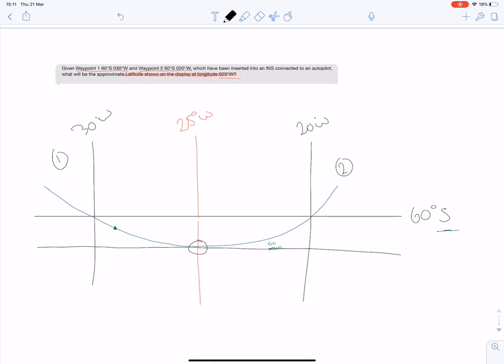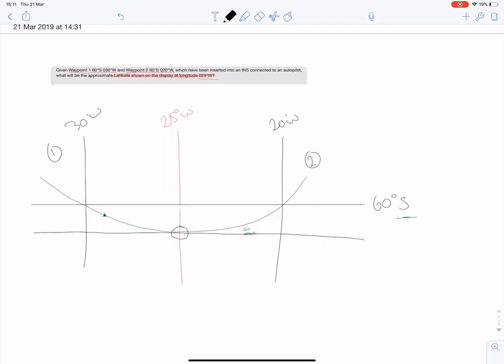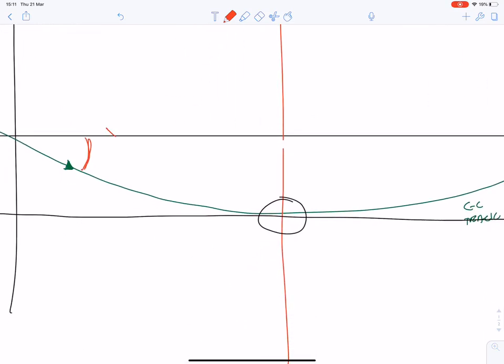So first thing that we do is we want to calculate the conversion angle. We want to calculate the angle between the rhumb line, which is here, and the great circle, which is here. The rhumb line in this direction would be rhumb line 90.